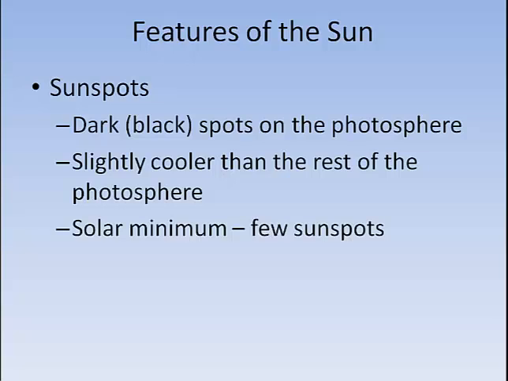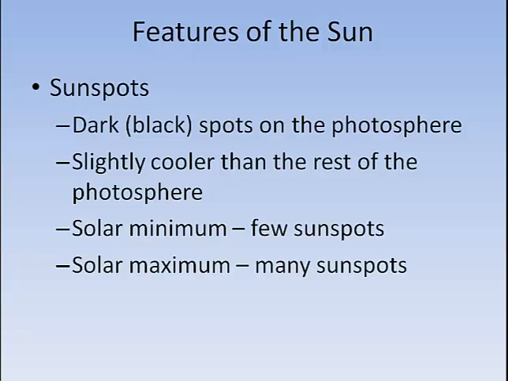And sometimes there's very few sunspots, and sometimes there's lots and lots of sunspots. When there's few sunspots, we call that solar minimum. Minimum means few or none. And when there's lots of them, we call it solar maximum. Maximum means a lot.